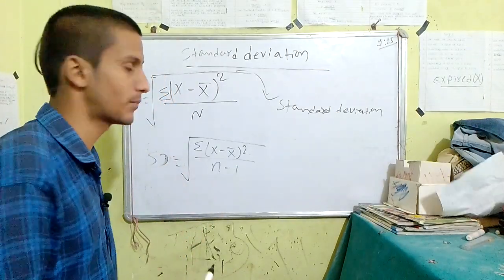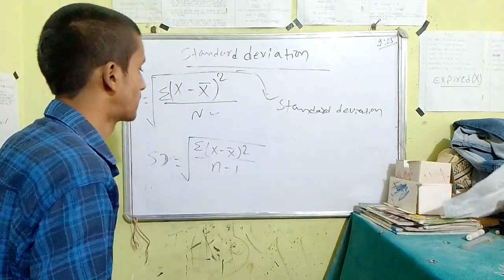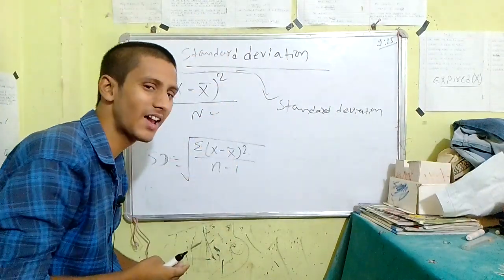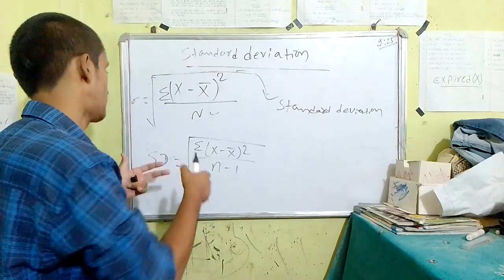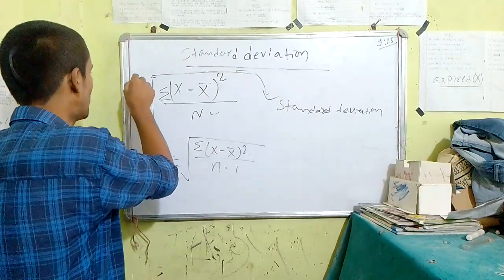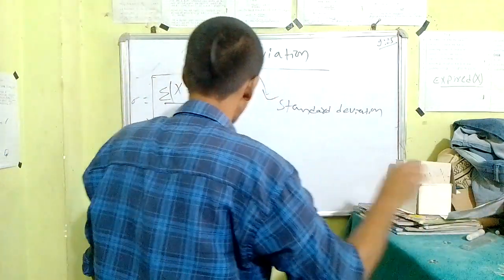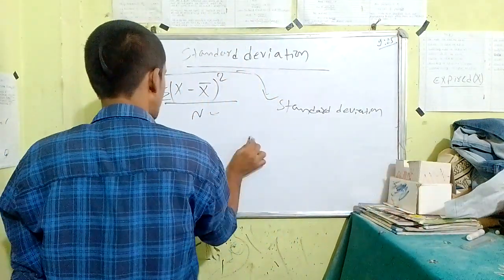For a population, it is divided by capital N. But again, you don't need to care about this because in your book only the population formula is given. Did you get it?